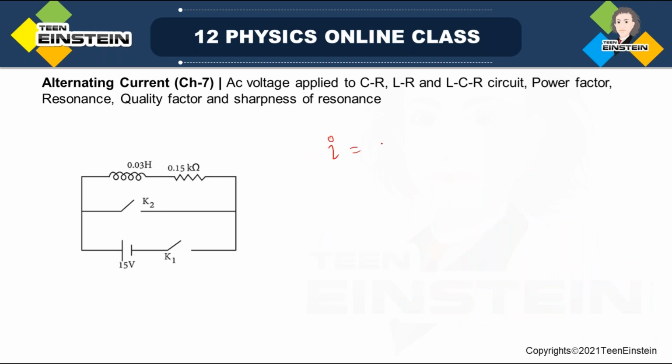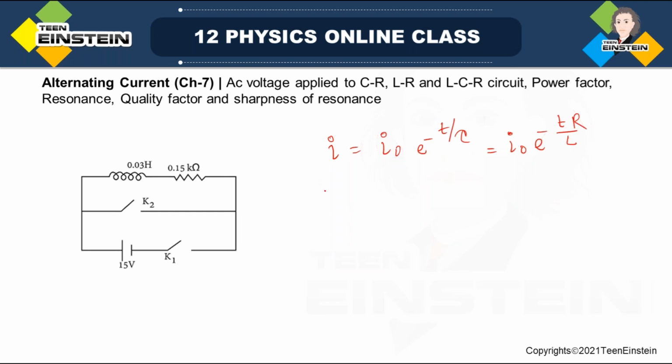So I is equal to I0 e to the power minus t by L by R, so R will be in the numerator in the exponential factor and L will be down.